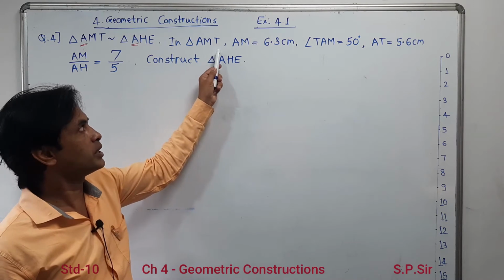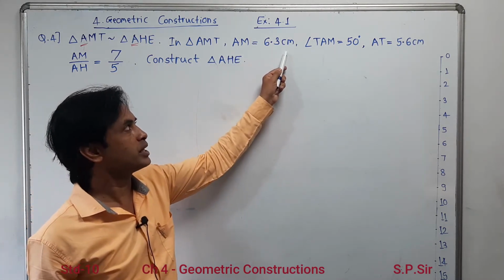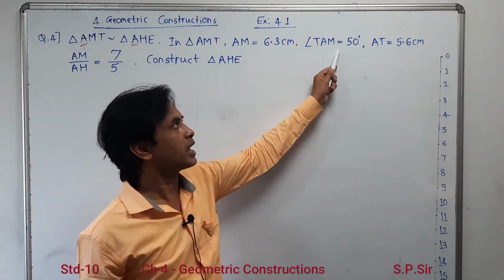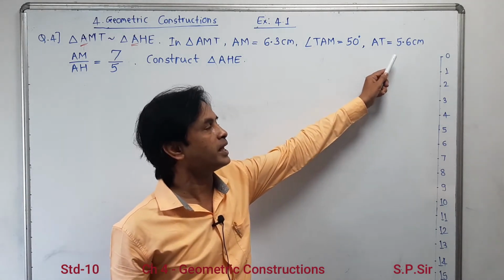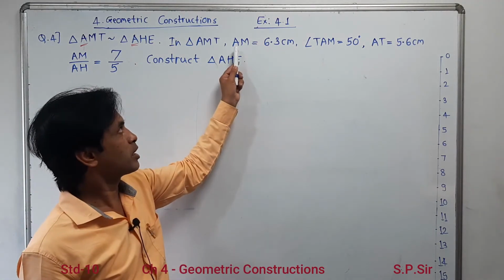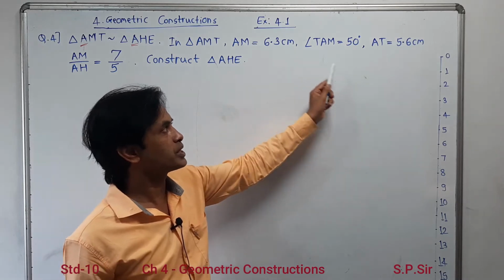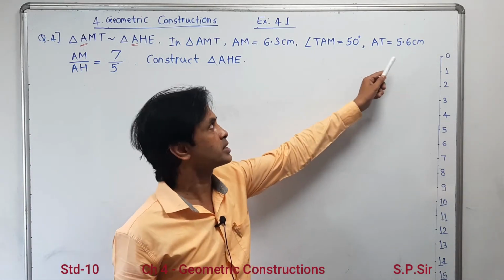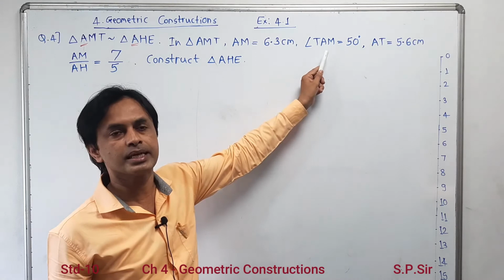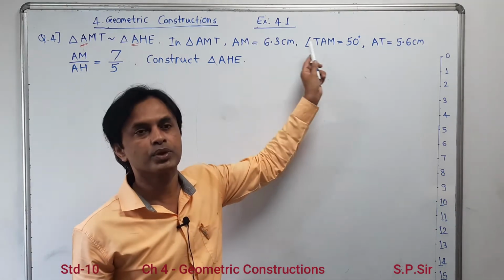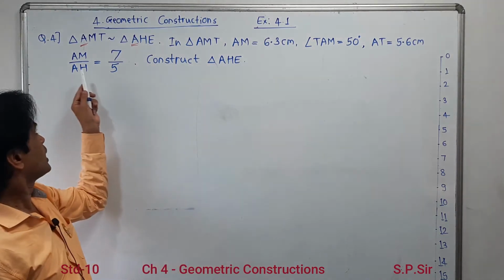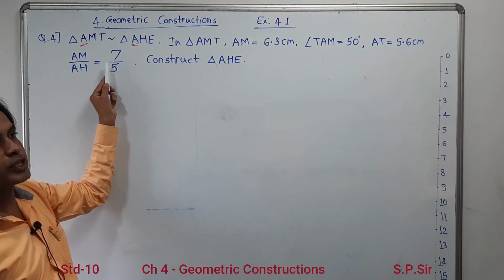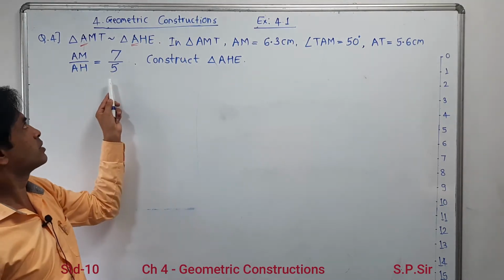In triangle AMT, AM is 6.3 centimeter, angle TAM is 50 degree and AT is 5.6. Means they have provided you AM 6.3 centimeter, AT 5.6, and the middle angle A, that is TAM, is 50 degree. Means you can easily draw this triangle. AM upon AH is 7:5.